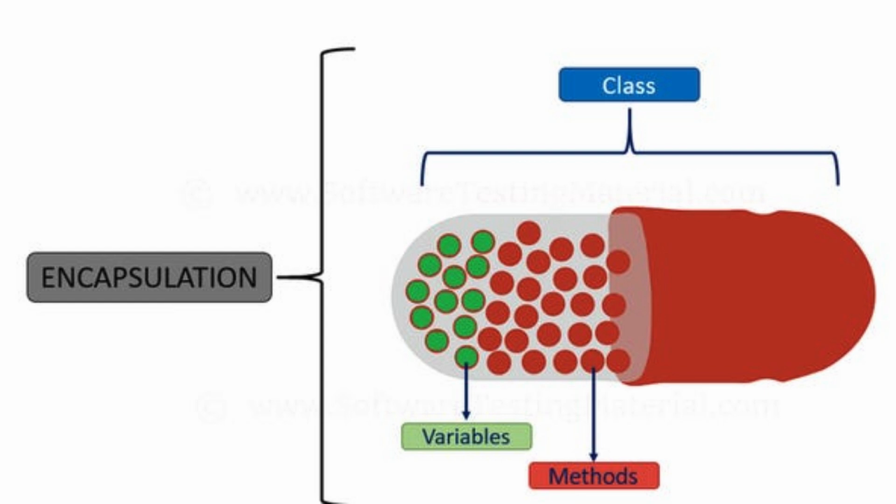Encapsulation in object-oriented programming is the principle of bundling the data and the methods that operate on the data into a single unit or class. It involves hiding the internal state of an object and requiring all interaction to be performed through the object's methods.